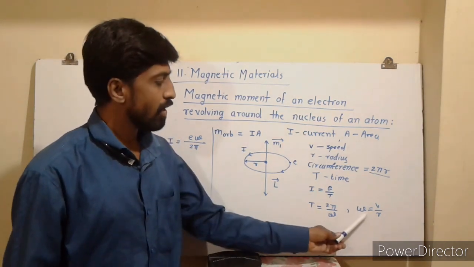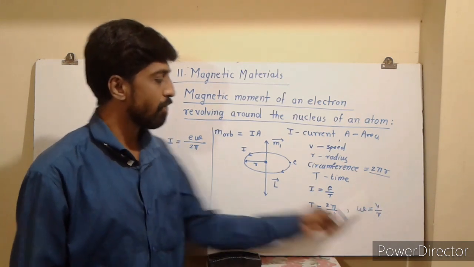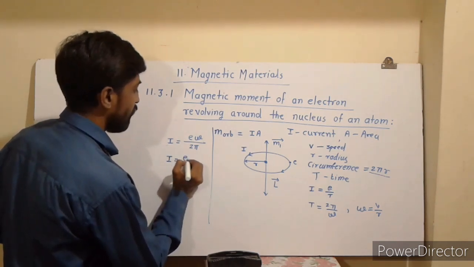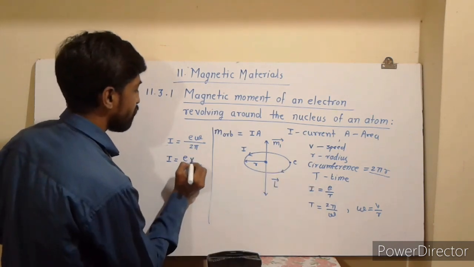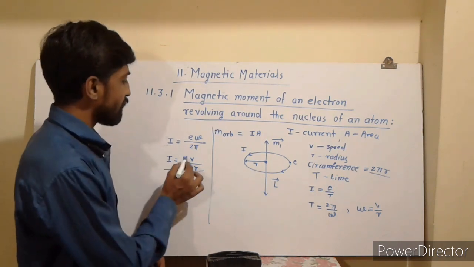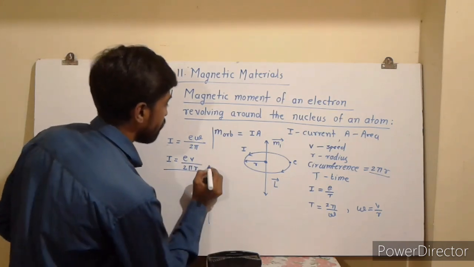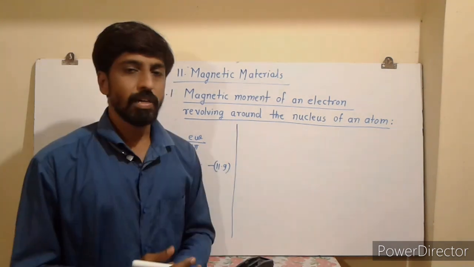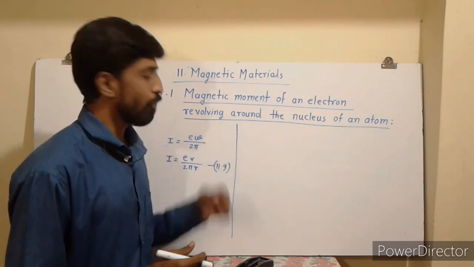Also we know that omega, the angular velocity, is v divided by r. So put it here. So therefore current becomes e divided by 2 pi times v divided by r. So the current is I is equal to ev divided by 2 pi r. This is equation number 11.9.